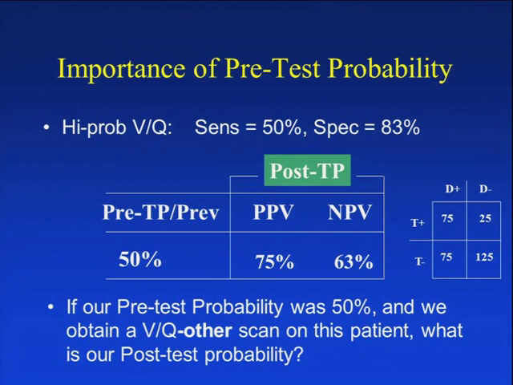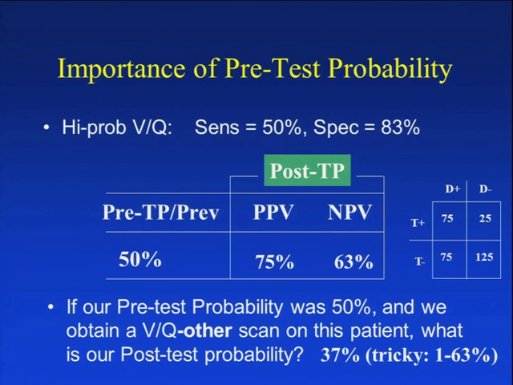Don't jump to 63%. Actually, 37%, right? Because 63% is the likelihood that you don't have the disease. The negative predictive value is the probability that you don't have the disease given the fact that the test is negative. So the likelihood that you have the disease is 37%.